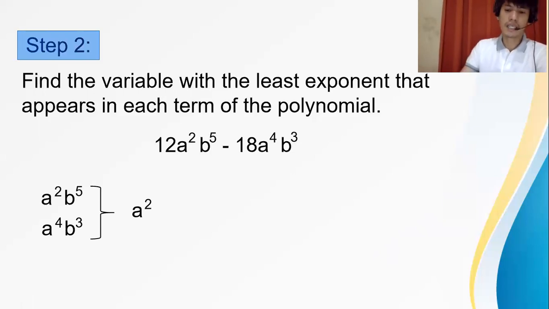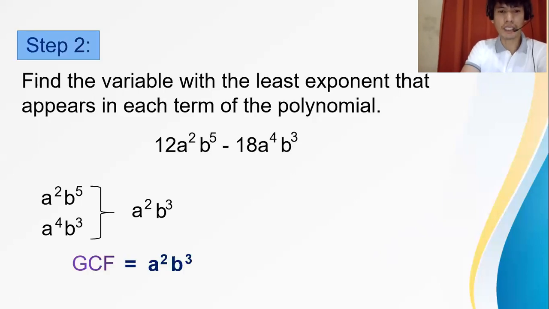Since the lowest exponent here is 2, and 2 is less than 4, therefore we have a raised to the second power, because it says the variable with the least exponent. Next, we have b. So, between 5 and 3, our least exponent is 3. So, b to the 3rd power. This will be our greatest common factor.